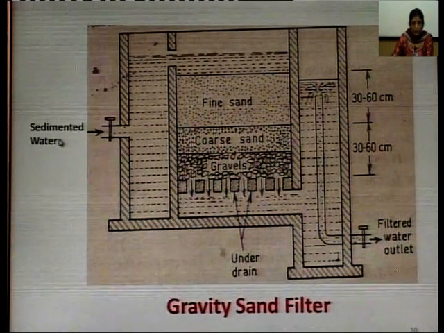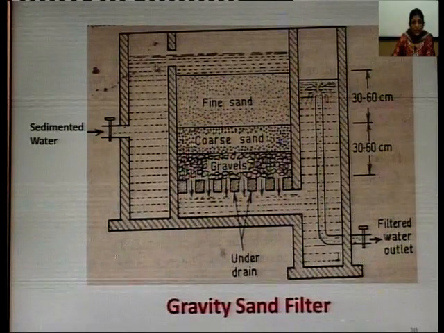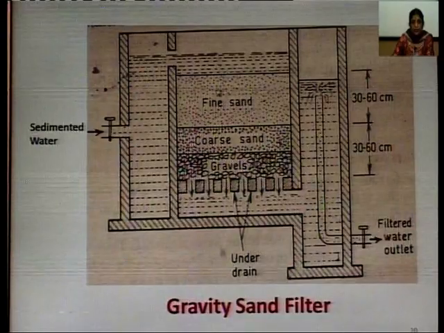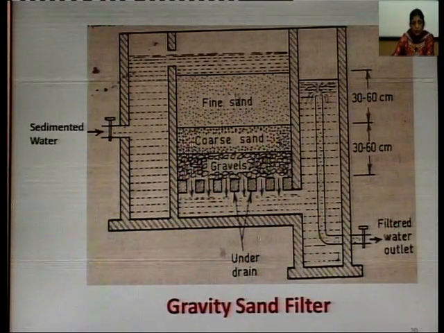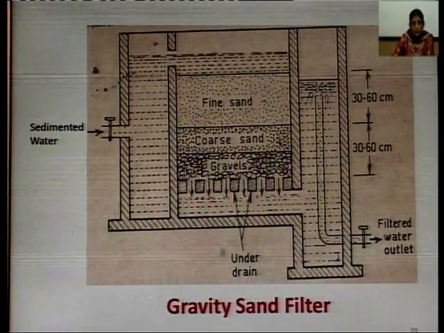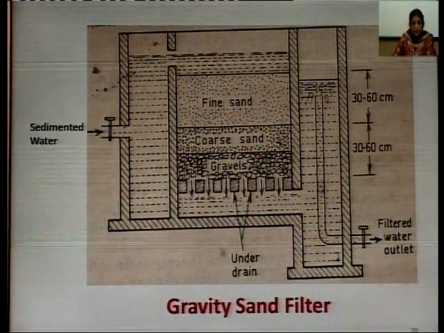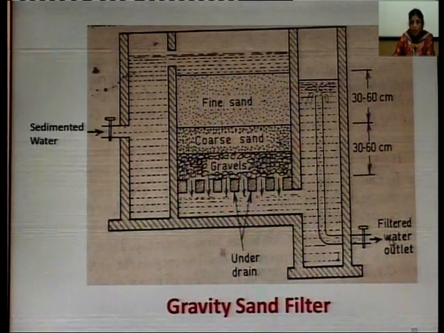Water after sedimentation is passed through this inlet and distributed over the whole layer of fine sand. Water seeps through this fine sand layer, then coarse sand and gravels, and filtered water comes out this way and is taken out from this outlet.